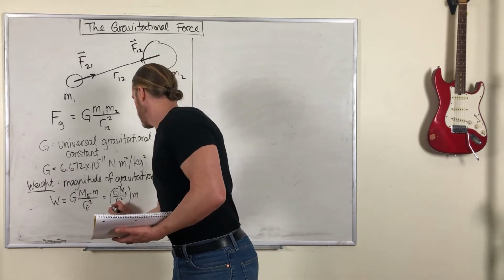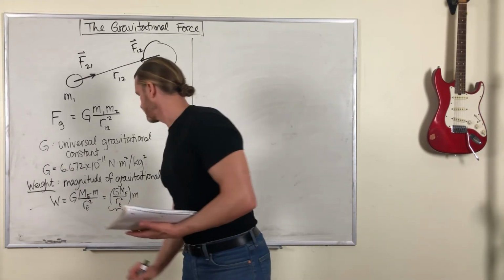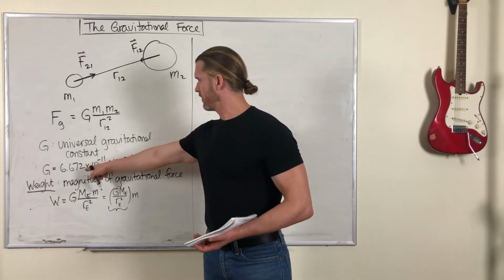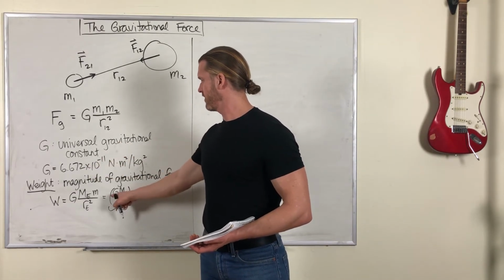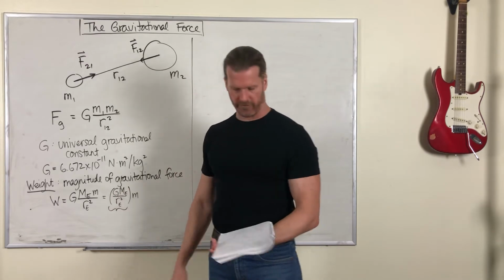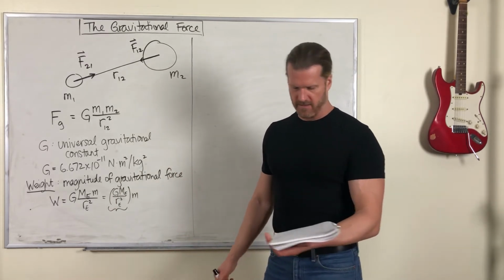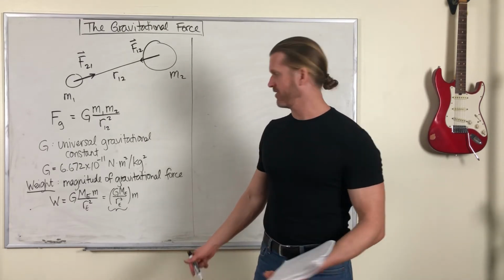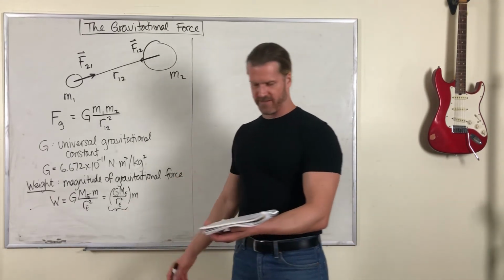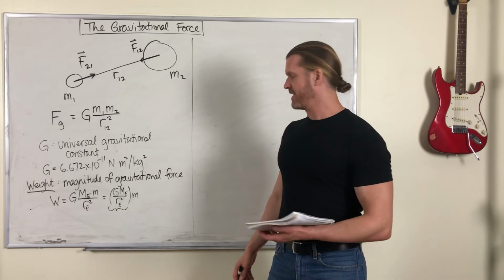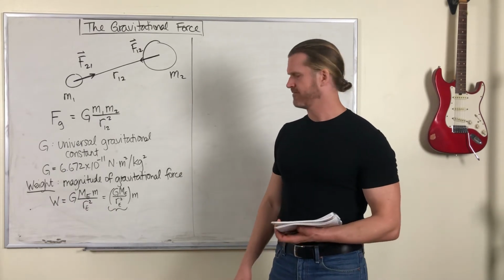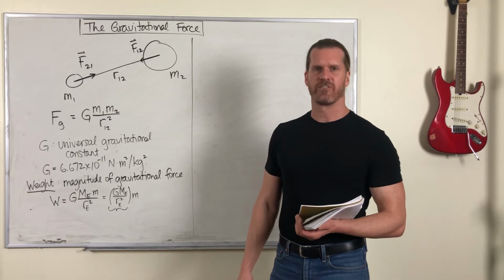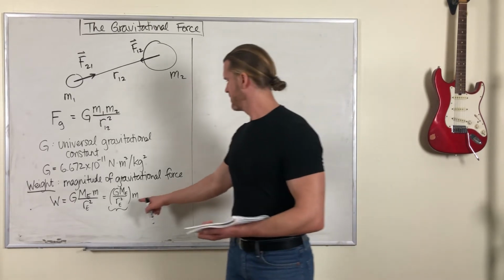And this quantity, if you plug in those numbers, 6.672 times 10 to the minus 11 for G, the Earth's mass for M, which is 5.97 times 10 to the 24 kilograms, and you divide by the Earth's radius, which is, I think, like 7,000 kilometers or something like that, squared.